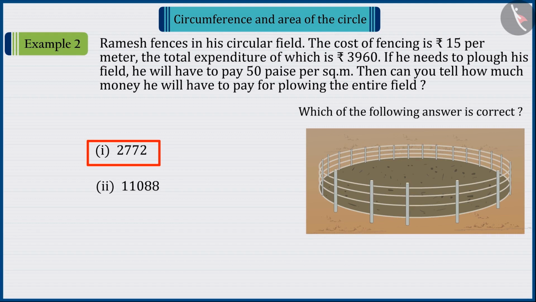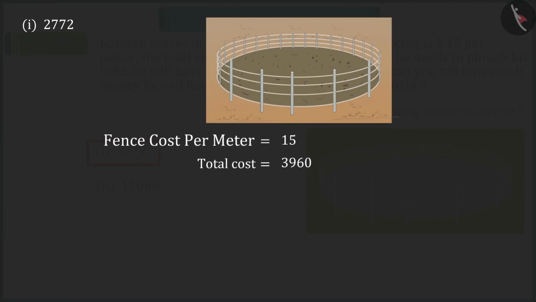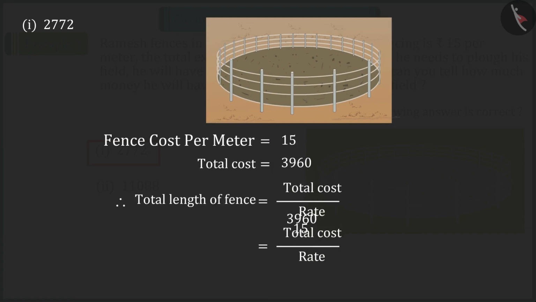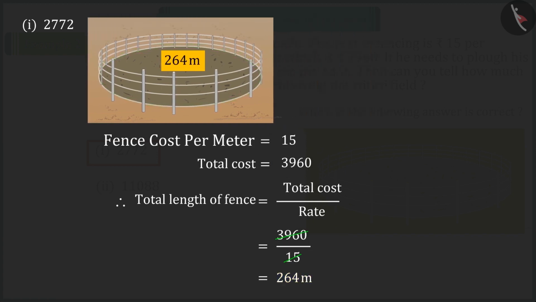Come, let's discuss option 1. It is given that the total cost of the fence at the rate of 15 rupees per meter would be 3,960 rupees. This means that the total length of the fence is 264 meters.